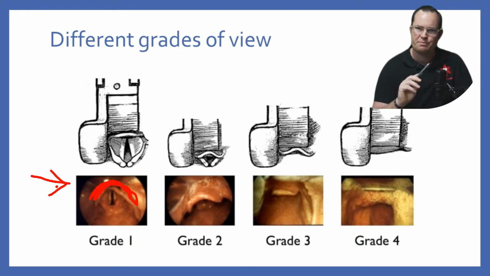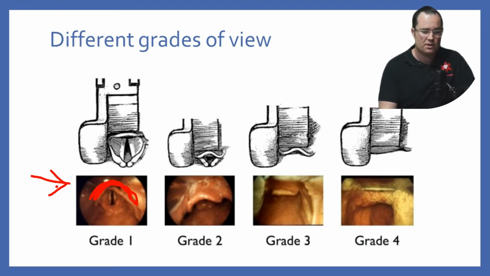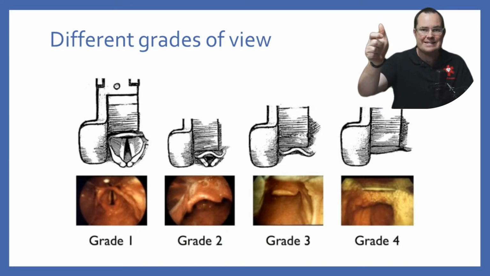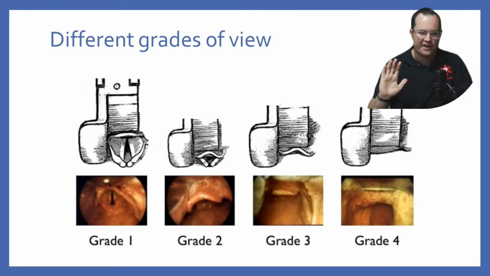Because remember, the Macintosh blade does not touch the epiglottis. It's above the epiglottis in the valvecular space. Whoever was intubating that patient, they're in the perfect spot. They're using the perfect size blade. They're in the valvecular space. They're displacing and indirectly viewing that glottic opening. Perfect. Awesome. But let's take a look at number 2.